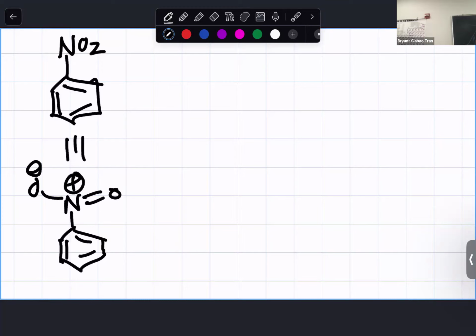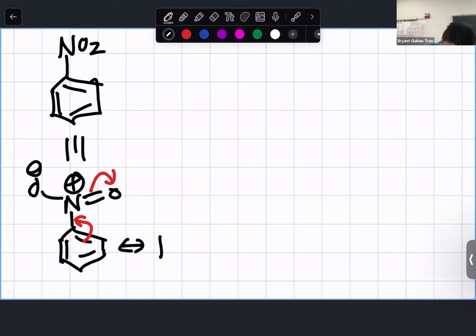When we determine EDG and EWG, we look at the very first atom directly attached to the benzene ring, which is this nitrogen here. If that atom is positively charged or partially positive charged, it wants to withdraw electrons, making this an EWG, right? Where we can see it could do resonance by withdrawing its electrons from that arrow and that arrow right there.